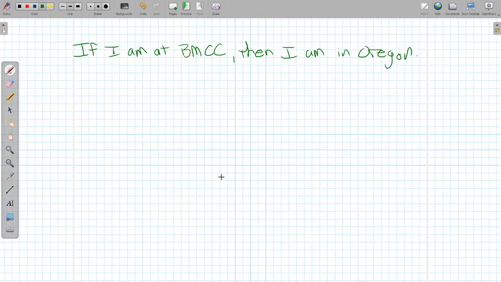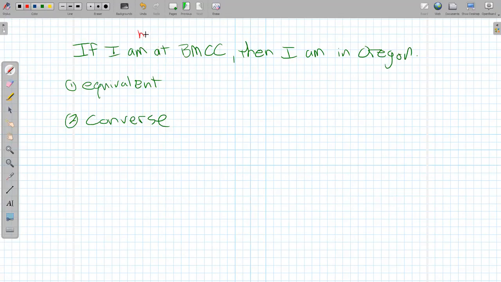So I want you to try two different things here. One, can you write me an equivalent version of this? And there are two different ways to make an equivalence. And two, can you create for me the converse of this statement? All right, so give it a shot. Write an equivalent version of the statement above and then write the converse. Converse is where we switch the hypothesis with the conclusion.